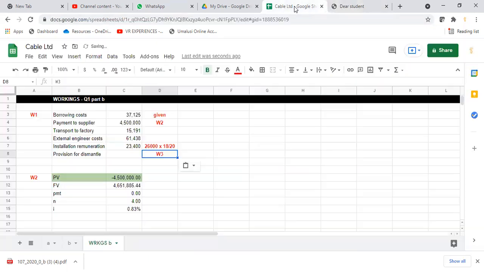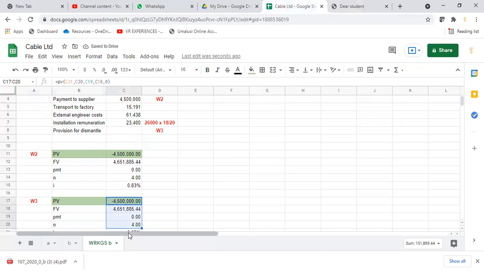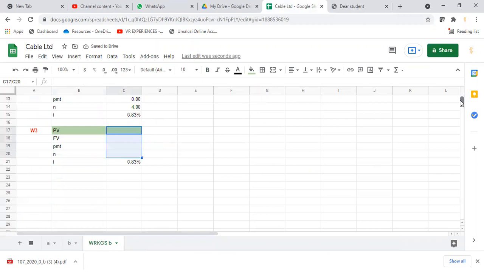Once again, we're going to need a present value. The future value is the lump sum payment at the end of the period, in this case, 20 years.